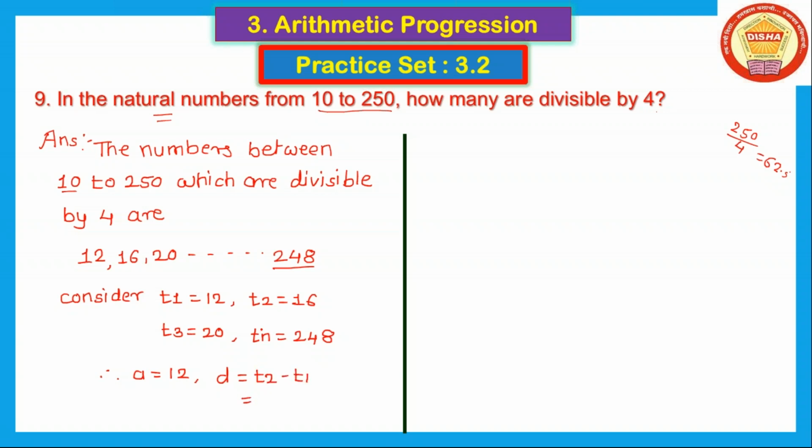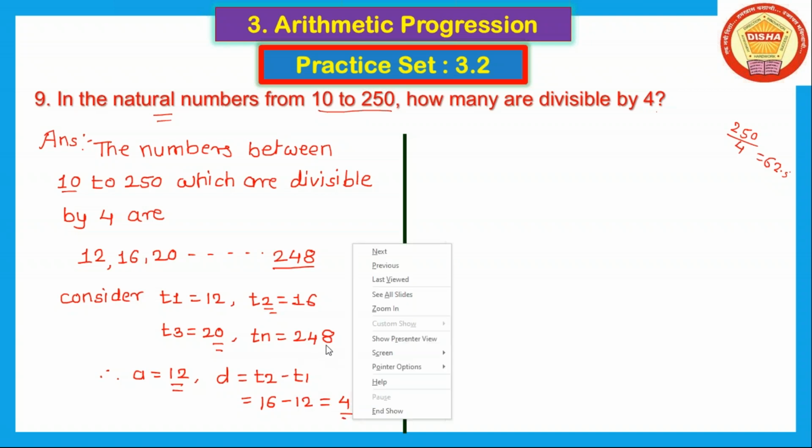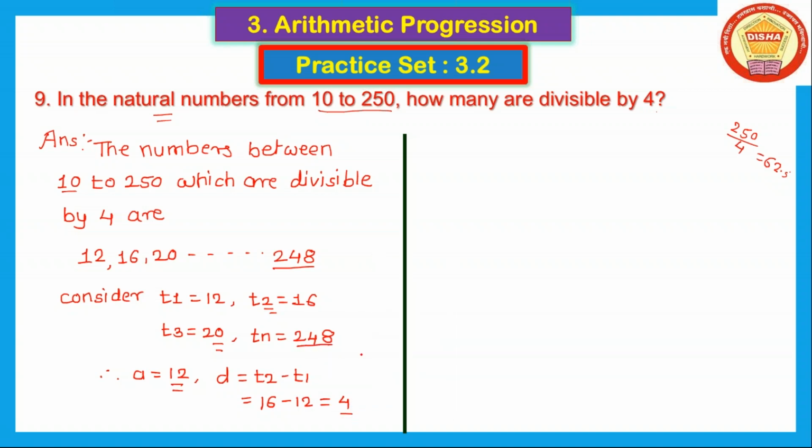You can take any difference between two consecutive terms. मी इथं T2 minus T1 घेते, तुम्ही T3 minus T2 घेऊ शकता. T2 is 16 minus 12, which is equal to 4. जरी तुम्ही T3 minus T2 घेतला तर 20 minus 16, which is again equal to 4. तो डिफरन्स हा 4च येतो. Means A is equal to 12, D is equal to 4 and Tn is given, that is 248.